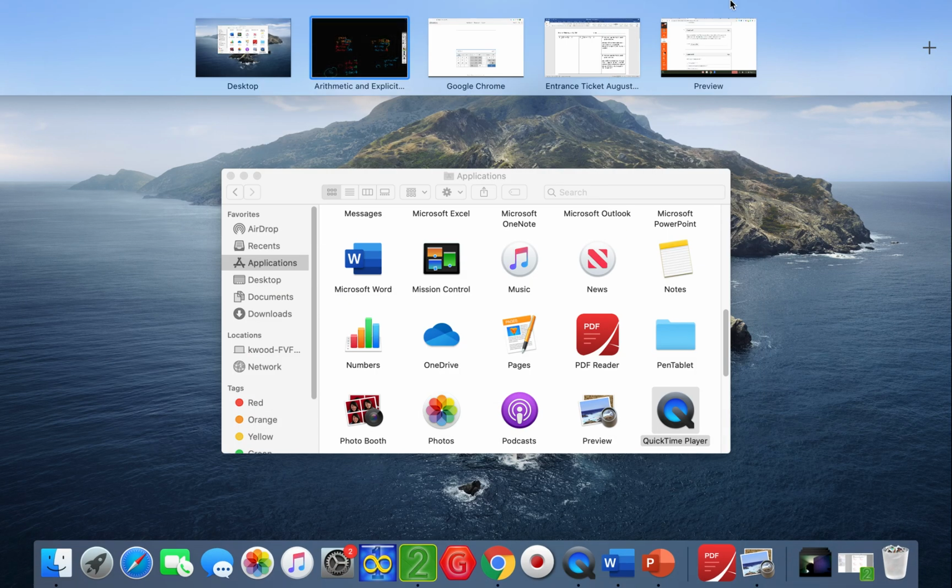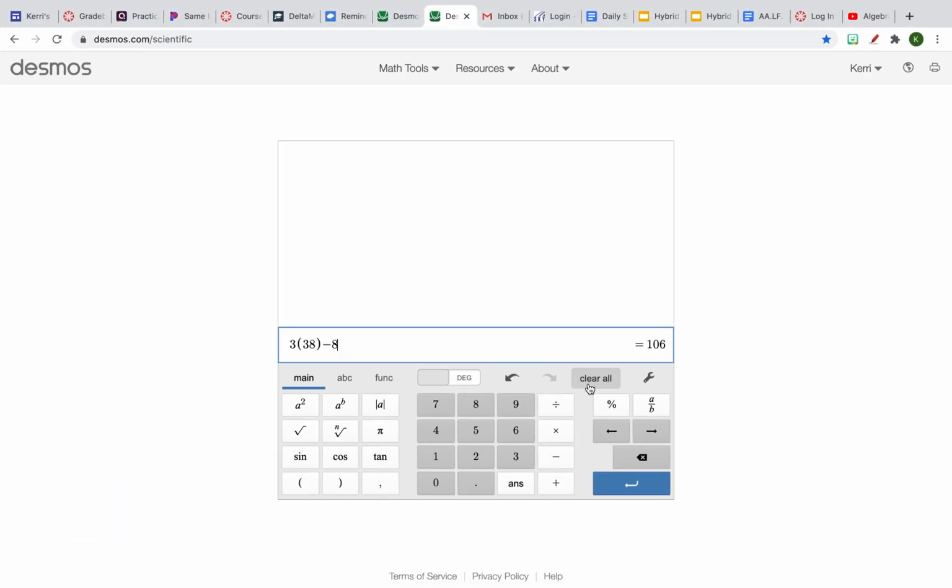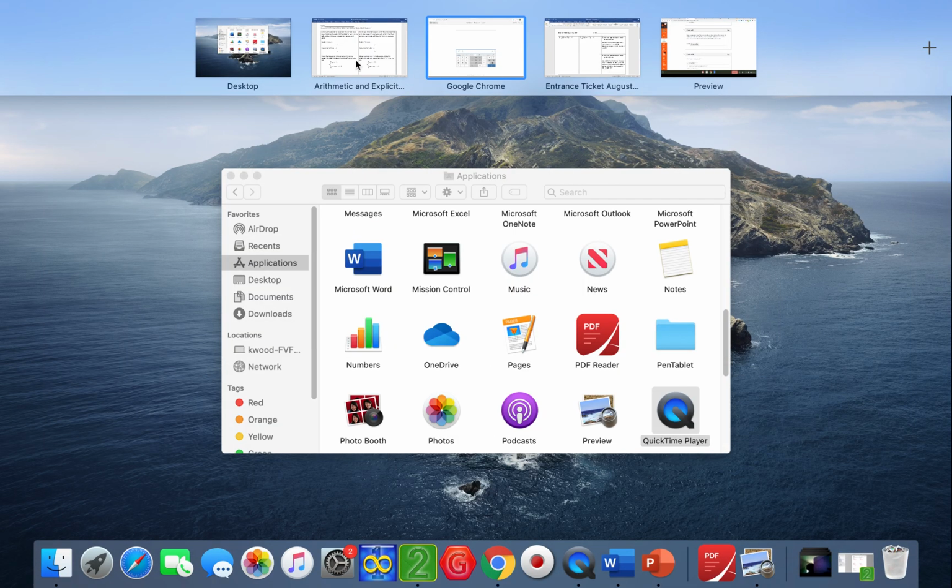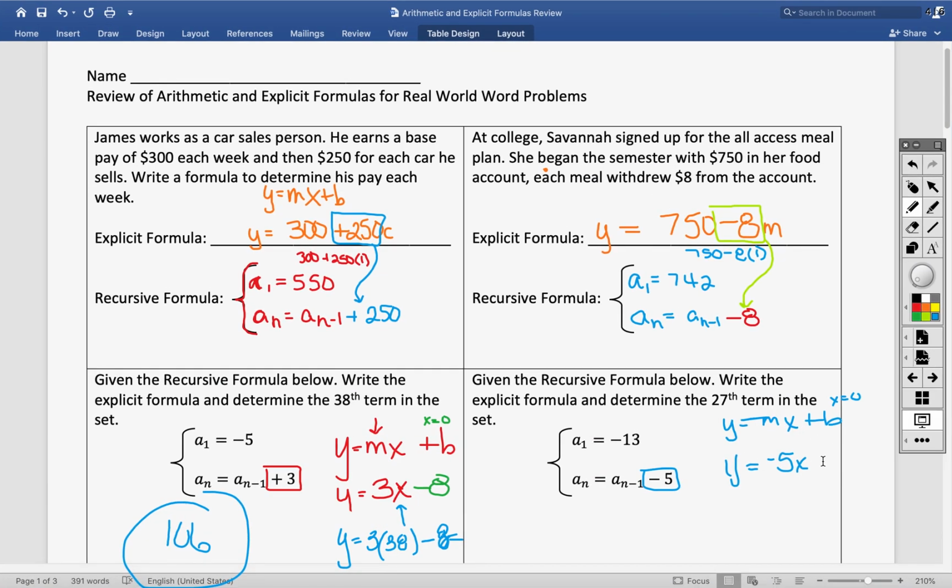So, using our calculator, negative 13 minus a negative 5. And we can see here the calculator gave us negative 8. Don't question the calculator, trust me. So that becomes a negative 8. That is your explicit formula.